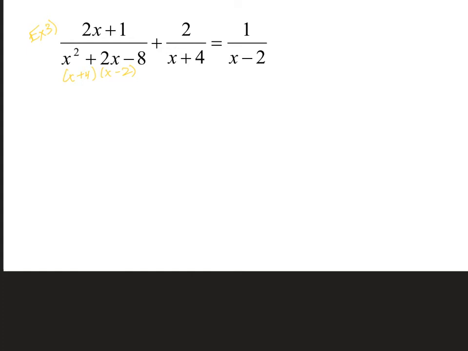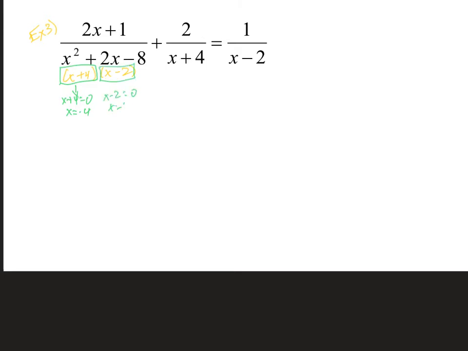Remember the second step, or the 1b that we talked about, is we want to find our excluded values after we have factored it, right? So we're going to take factors in our denominators. Remember, excluded values are values that make the denominator 0. And we're going to set those equal to 0. So x plus 4 equals 0, so x is equal to negative 4. And x minus 2 is equal to 0.